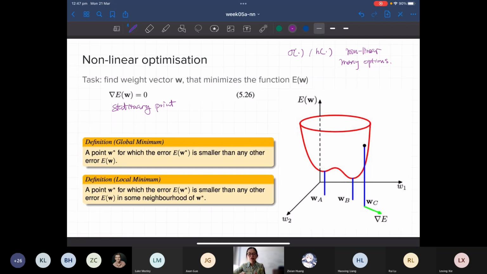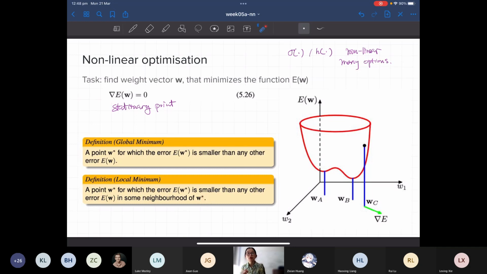A definition of a global minimum, in an arbitrary function in a continuous weight space, is a point W star at which the error is smaller than any other error E of W. The definition of a local minimum is a point W star for which the error function is smaller than any other error in some neighborhood of W star.